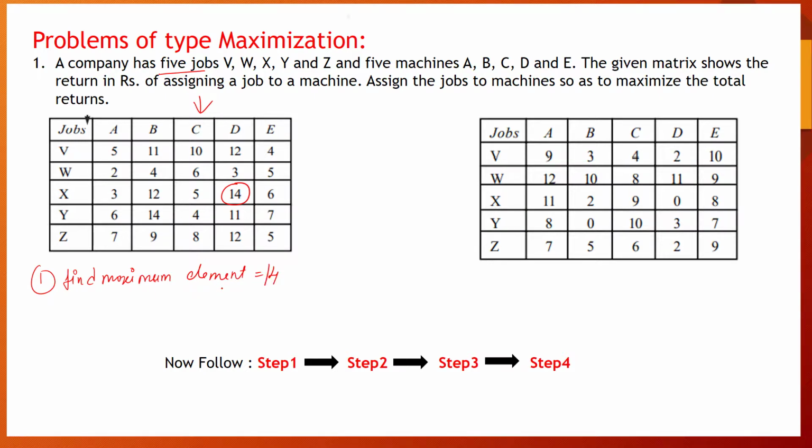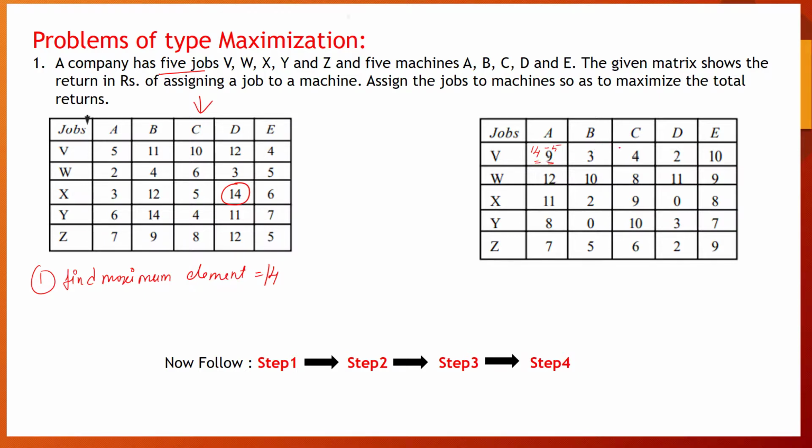Now we need to subtract all the elements from this maximum element. When we do that, we get this table. Here we can see that we have 5. If we deduct 5 from 14, that is 14 minus 5, we have 9.